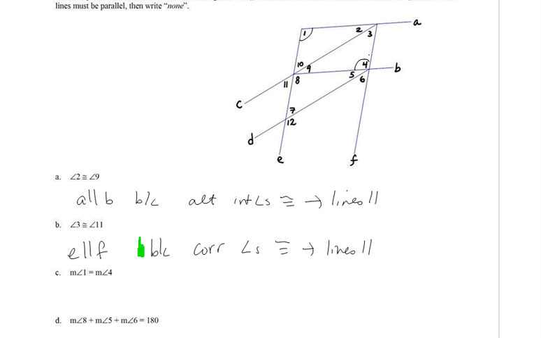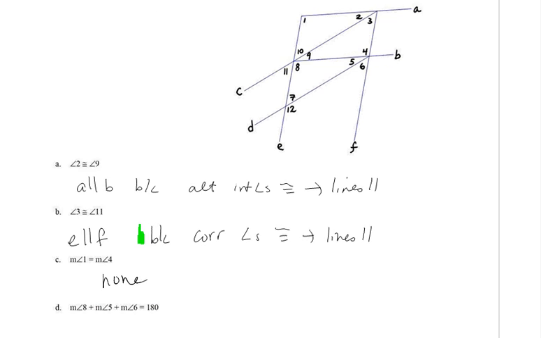So they aren't connected by one transversal, so there's really no relationship there. Now, if we knew that A and B were parallel and E and F were parallel to one another, then we could figure some things out about a relationship between angle 1 and angle 4, but we don't know that. 1 and 4 on its own can't prove parallel lines. So I'm going to erase those marks, and I get to just put a quick none in letter C.